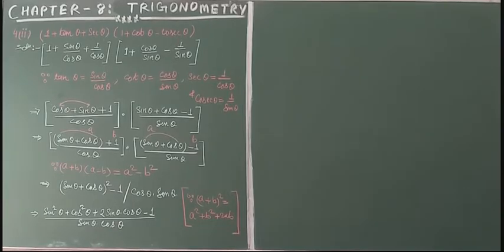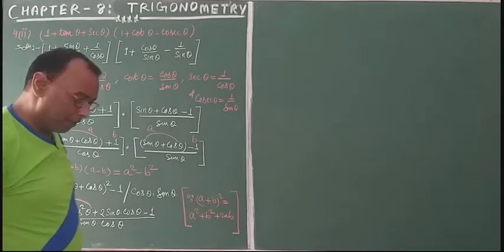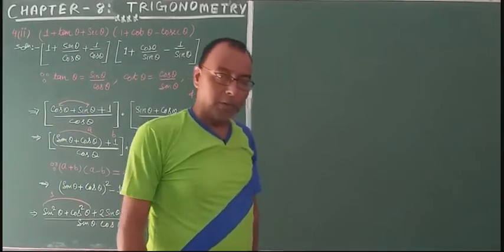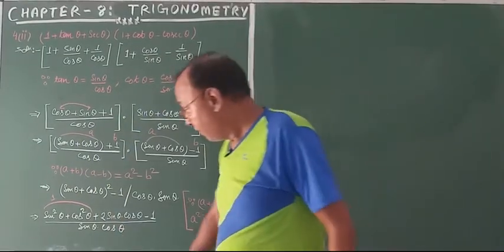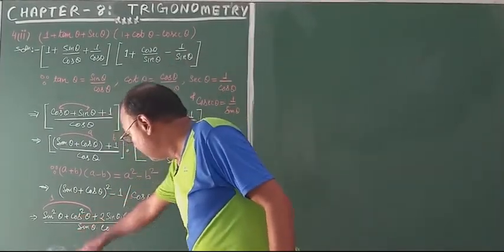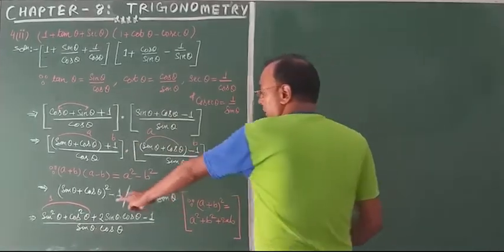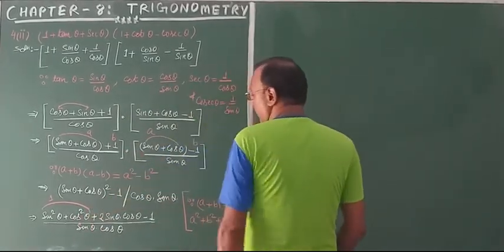Now there is one identity: sin square theta plus cos square theta. What is its value? Just look at identity number 1, that is 1.